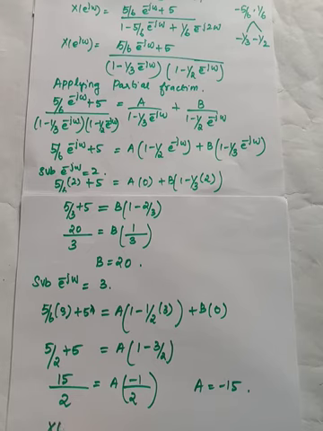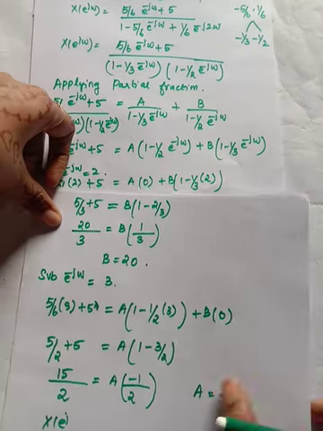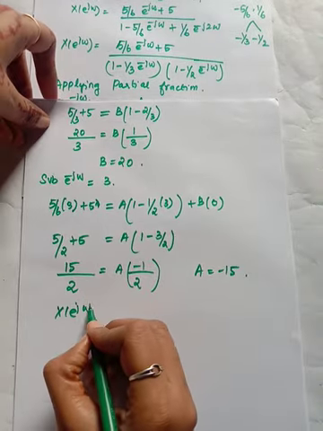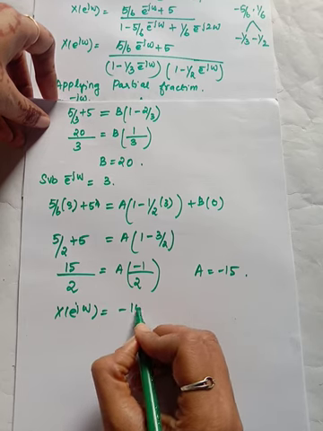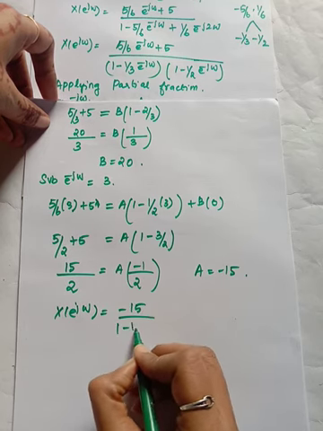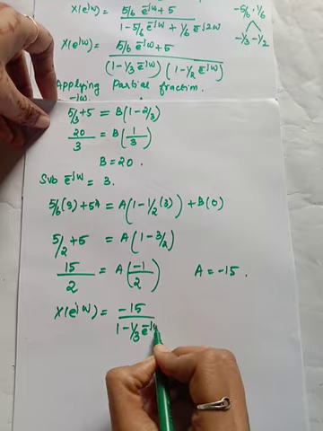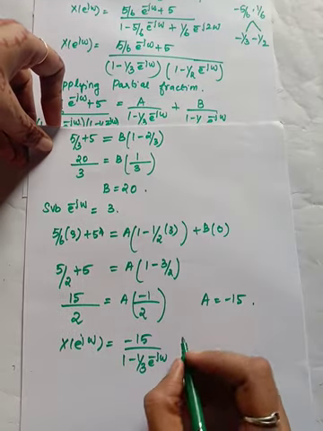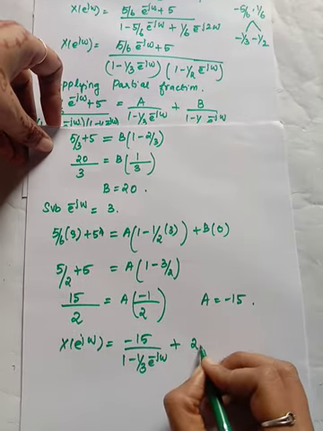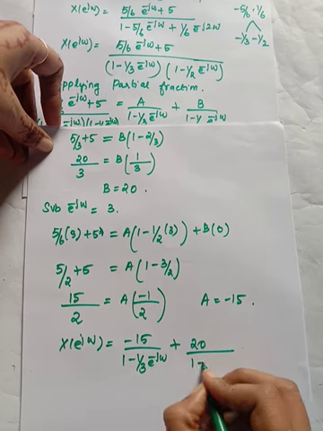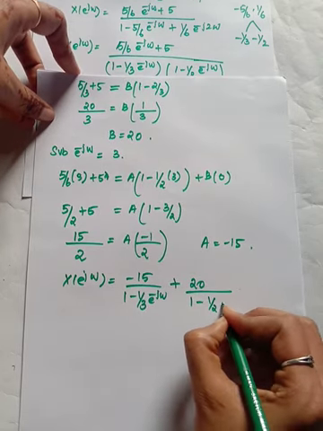So X of e^(j omega) equals minus 15 divided by 1 minus 1/3 e^(-j omega), plus 20 divided by 1 minus 1/2 e^(-j omega).